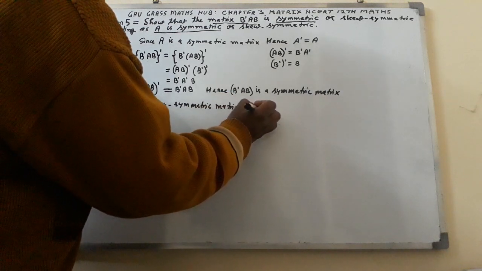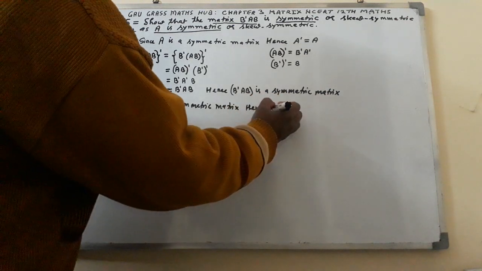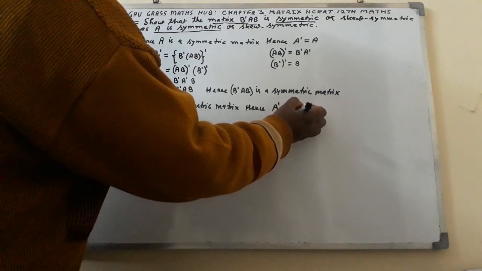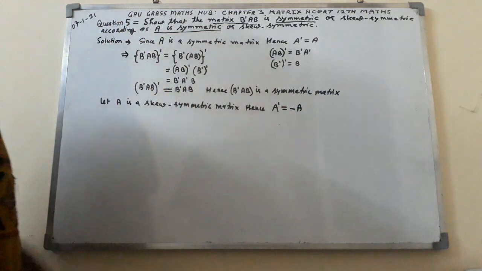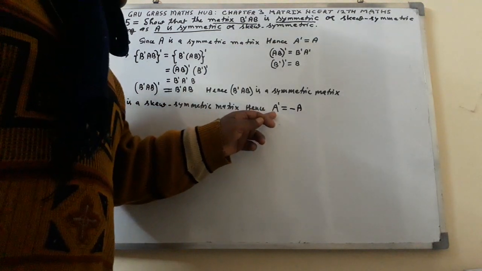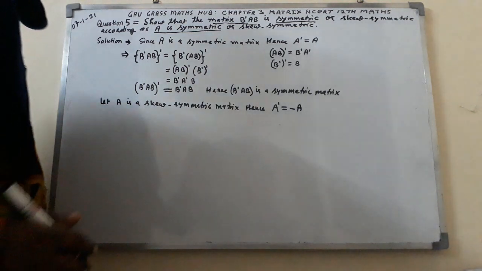Hence A dash is equal to minus A. Let A be a skew symmetric matrix, hence A dash is equal to minus A. This thing we will get. For the skew symmetric matrix, what to do?